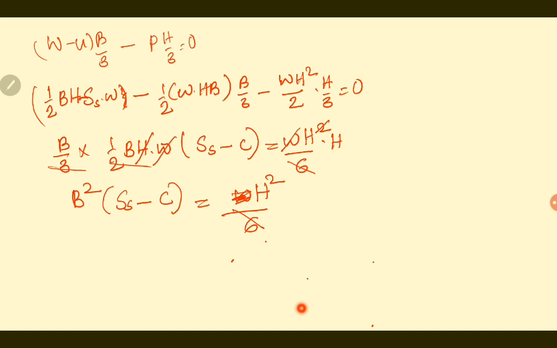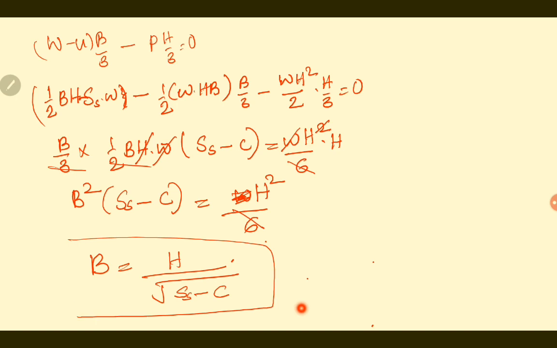So in this case, what will be the equation? B is equal to h by root of S S minus C. This is the equation. So you have found out the equation for base width B based on the condition that the resultant is passing through the outer middle third point.